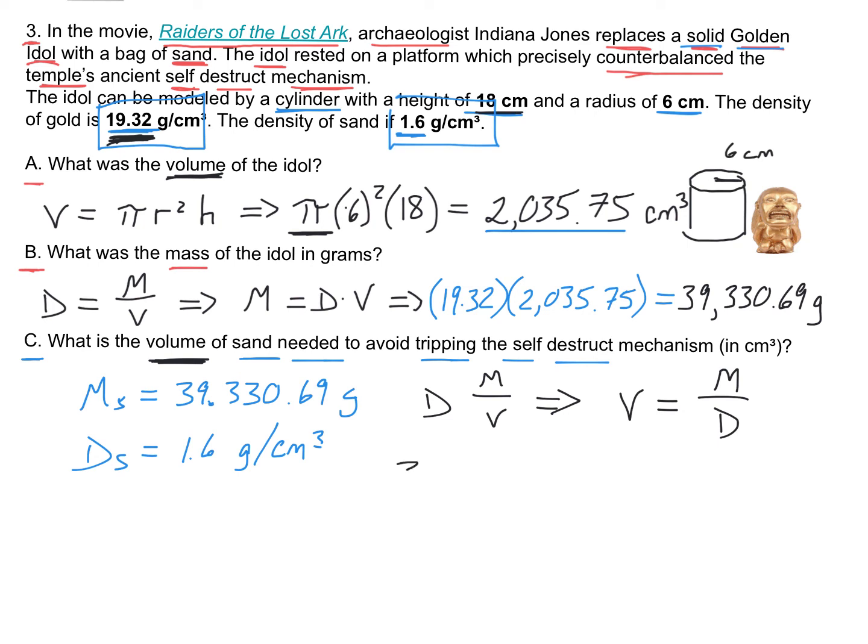My mass is 39,330.69 grams over 1.6 grams per centimeter cubed. And I know my volume is going to work out to be centimeters cubed. Gives me a final answer of 24,581.68. And once again, my units are centimeters cubed.